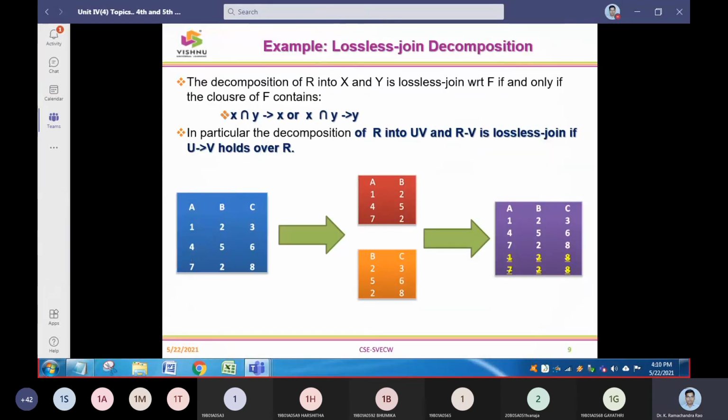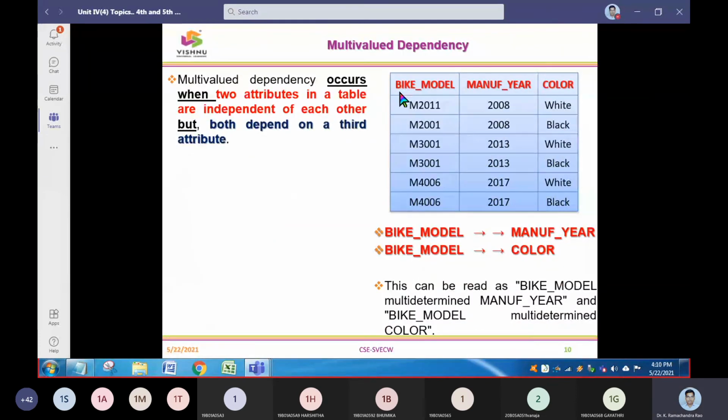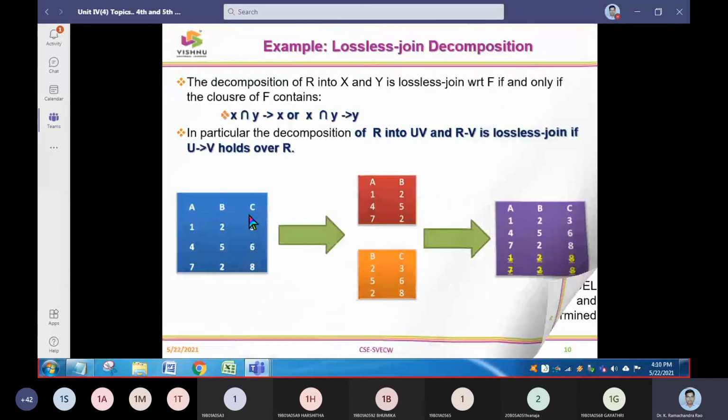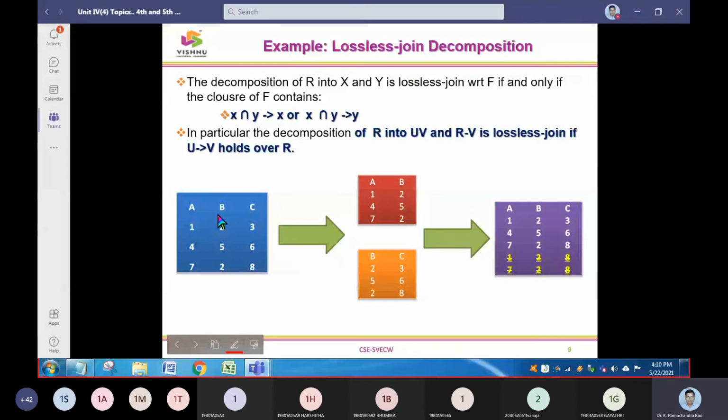Coming to the word called lossless join. The takeaway was, I have a table with columns 1, 2, 3, 4, 5, 6, 7, 2, 8. Now I decompose the table into AB, it is done.